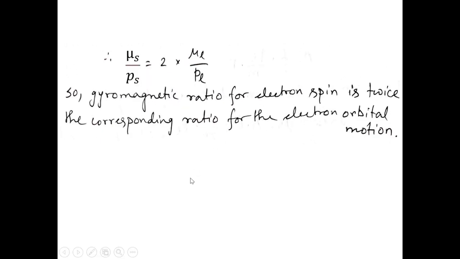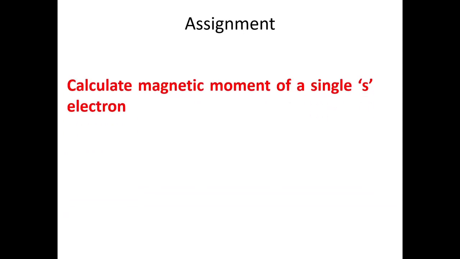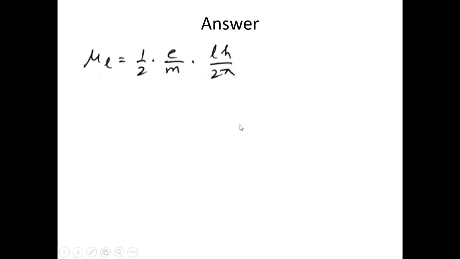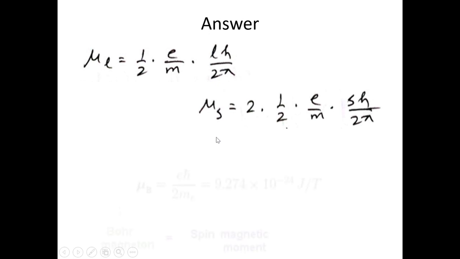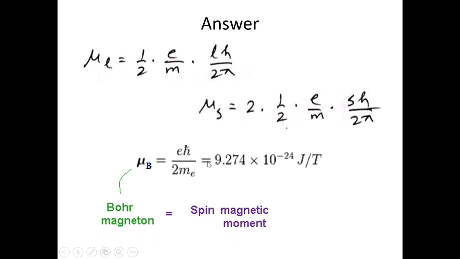Now if I put one assignment, can we find the magnetic moment of a single s electron? S electron means one electron which is residing in the s sub-energy level. What will be the answer? We know that mu L is this factor and mu S is this factor, and the answer will be mu S equal to 2 into half E by m SH by 2 pi, and later on we will see the value of S is half.